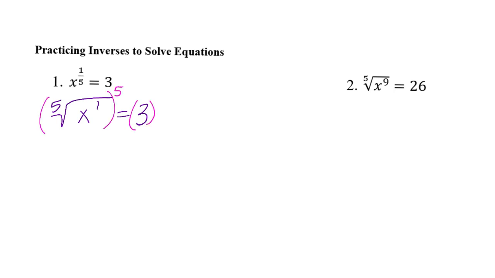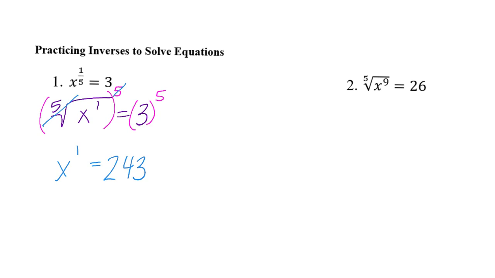Raising it to the power undoes the radical. So the 5th root with the 5th power, these cancel out. So we're left with x to the first, and then 3 to the 5th power, if you type that in your calculator, is 243. And x to the first is the same thing as x, so we are done with that one.